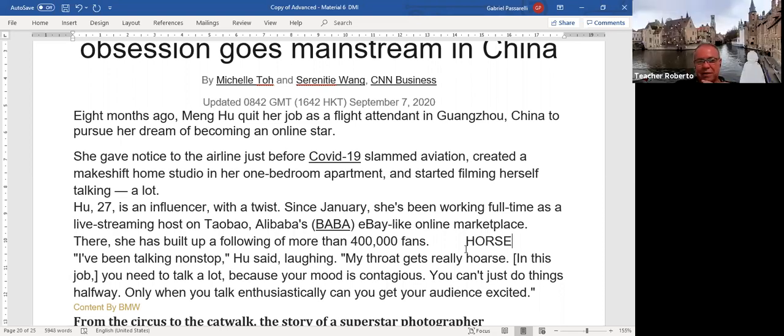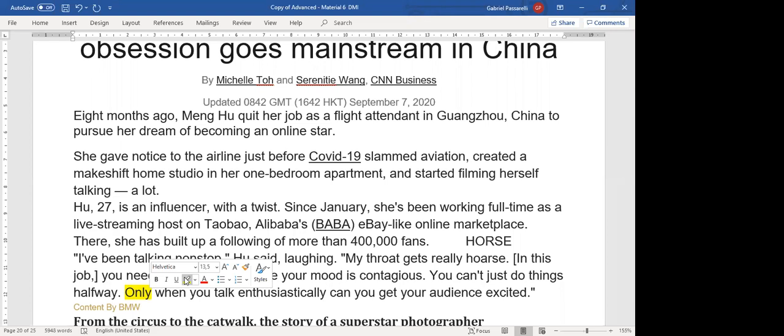We have already talked about this more than once, but I'm going to show you again, okay? Observe the word at the beginning of the sentence, only. Is this considered a positive or a negative word in English? Negative. Thank you, Erica.